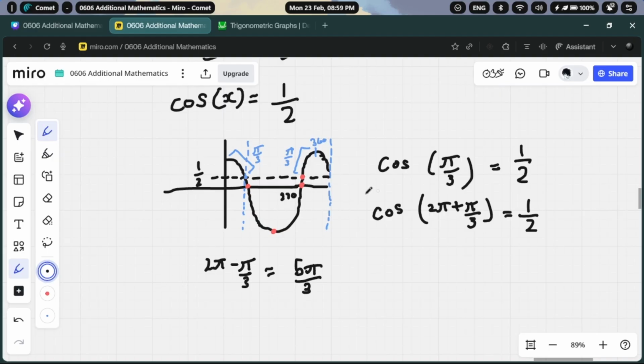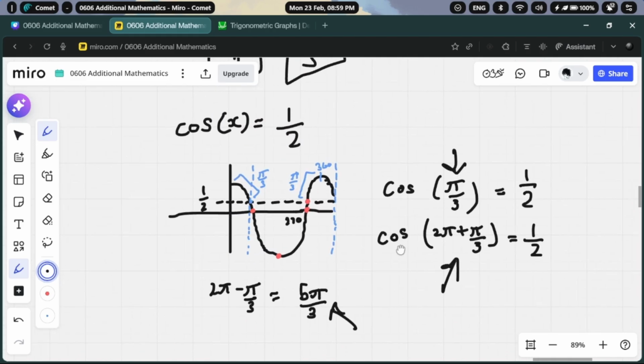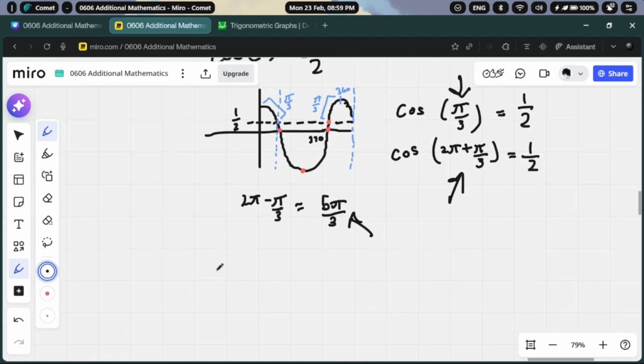So this, then this, and this over here would be your three values that you get from the cosine graph. So x is equal to 5 pi over 3, or it's equal to pi over 3, or it's equal to 2 pi plus pi over 3.